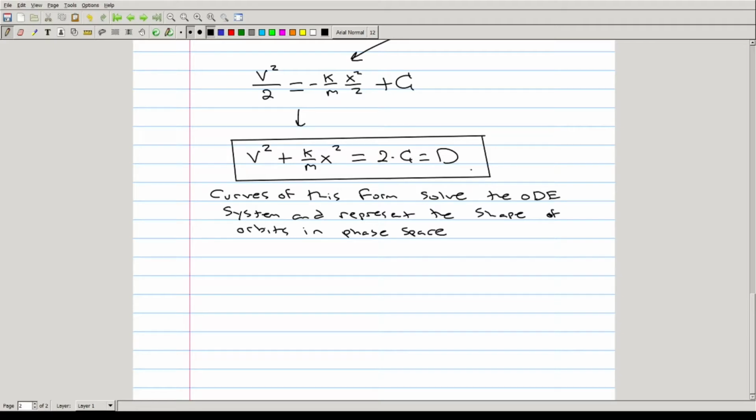You can see this a little bit better if you take d and divide by d.